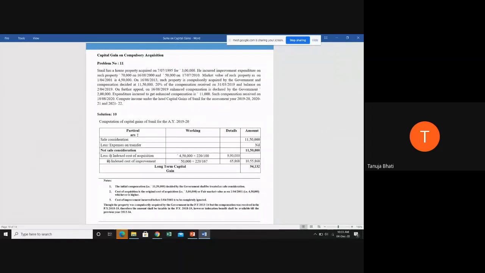Okay, extra compensation that he is going to receive above the initial compensation is called enhanced compensation. It will be taxable in the year when you're receiving such enhanced compensation, not when it is declared.